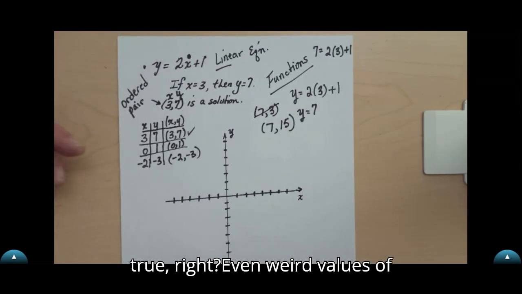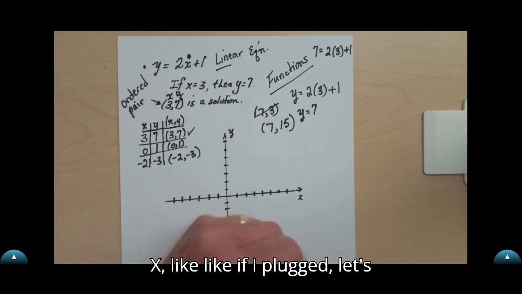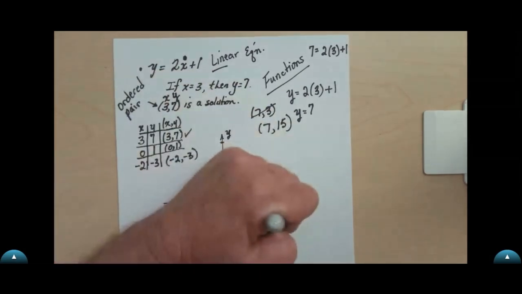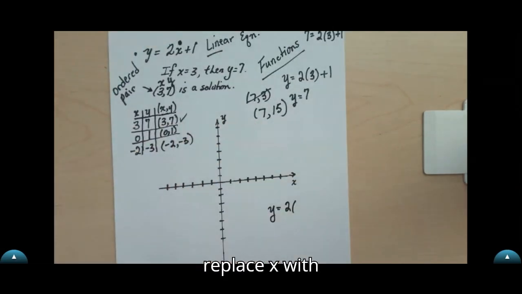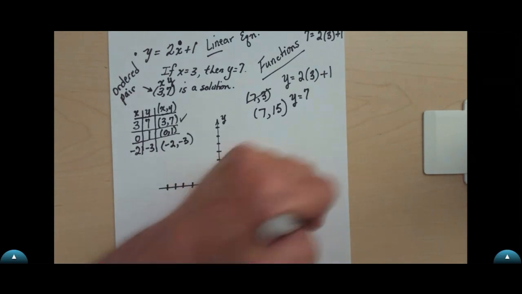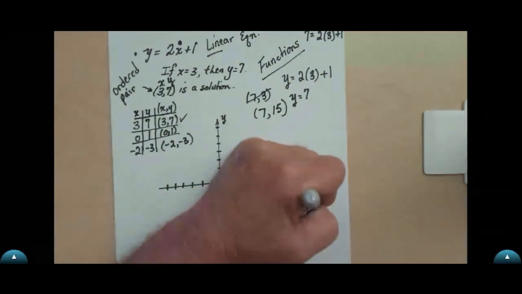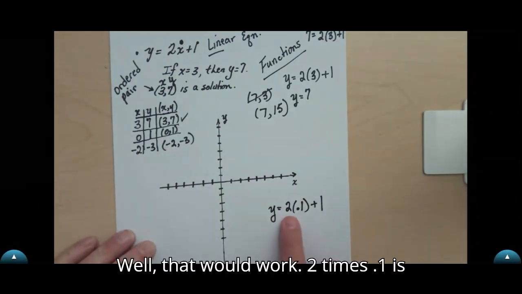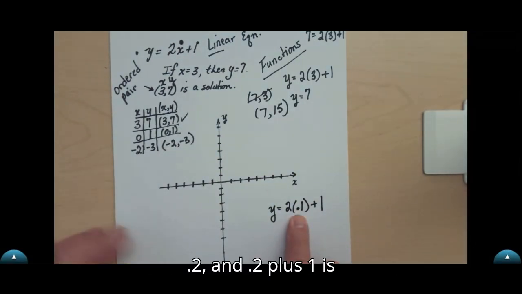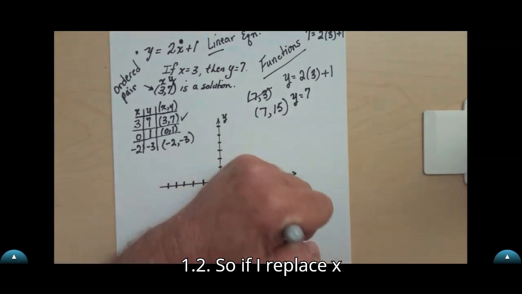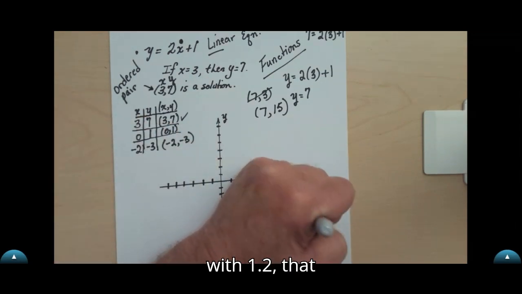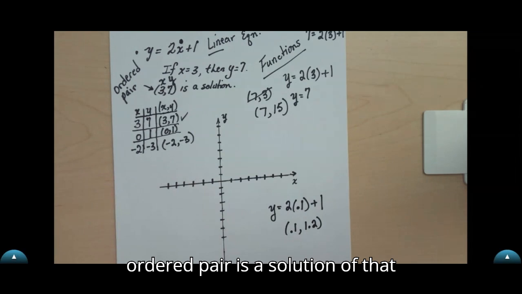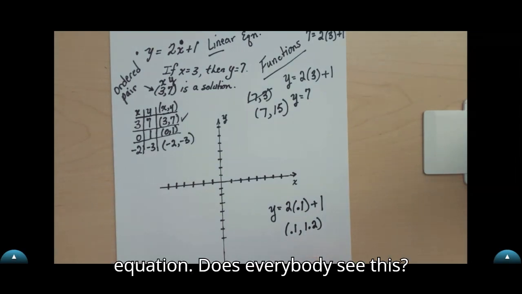Even weird values of x, like if I replace x with 0.1, well, that would work. 2 times 0.1 is 0.2, and 0.2 plus 1 is 1.2. So if I replace x with 0.1 and I replace y with 1.2, that ordered pair is a solution of that equation. Does everybody see this?